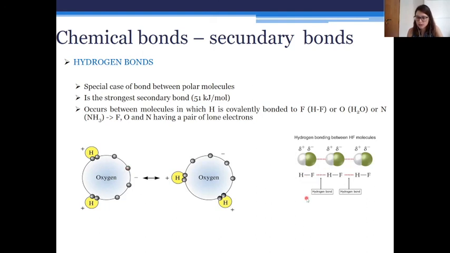Here you have a nice representation of the hydrogen of the second molecule of hydrogen fluoride interacting with the pair of lone electrons of the fluorine of this other molecule, okay? And this kind of secondary bond is, as we said, quite strong, so it will influence many properties, particularly in polymers.